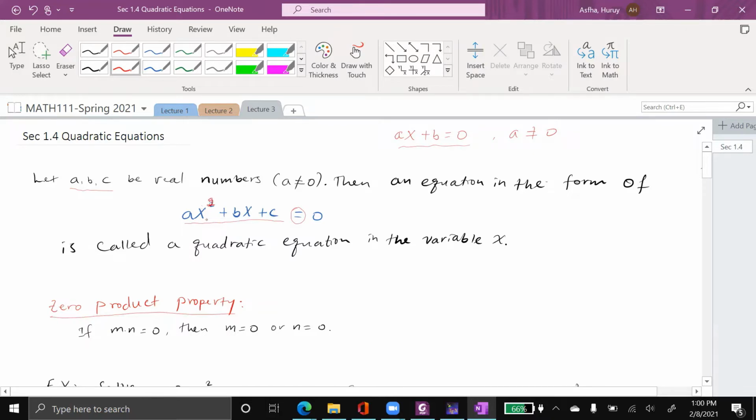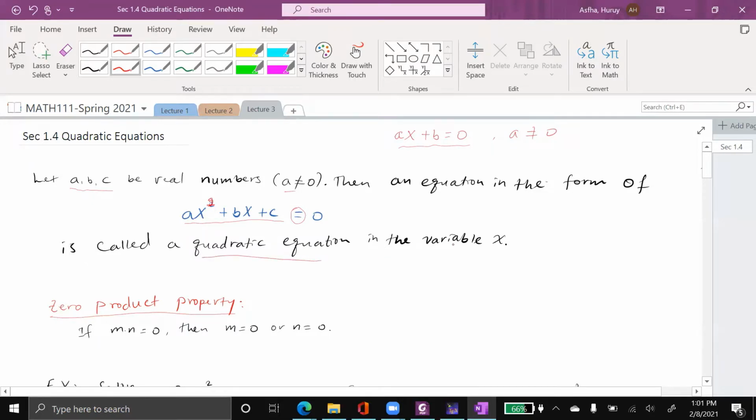The exponent of the first term of the x variable has to be 2. Otherwise, it will be linear, right? So this form, where a is different from 0, is called the quadratic equation.